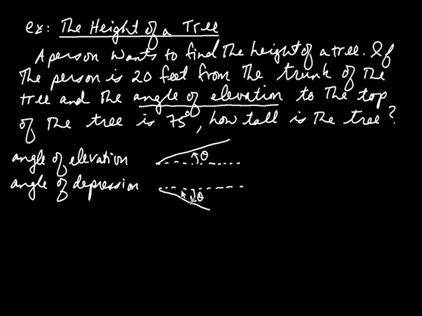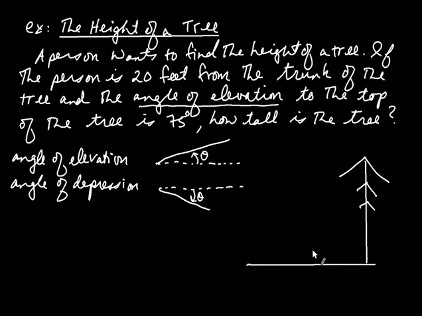Okay, so in our problem, we're 20 feet away from the trunk of a tree. Let's first of all draw our little tree here. So here's our tree. And we're 20 feet, so let's put the ground here.